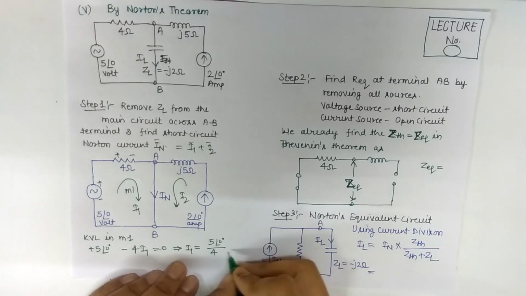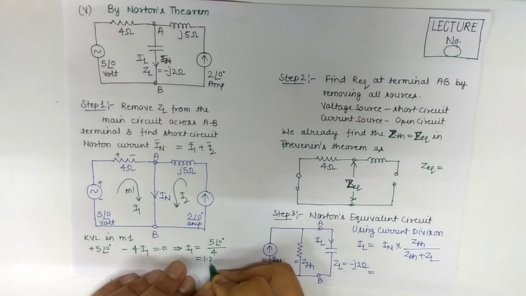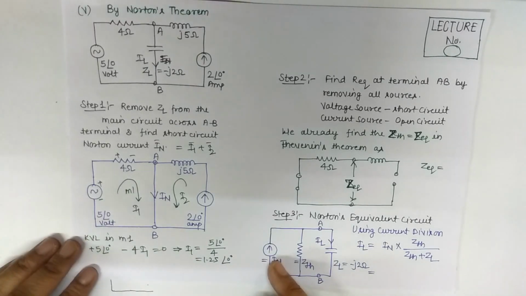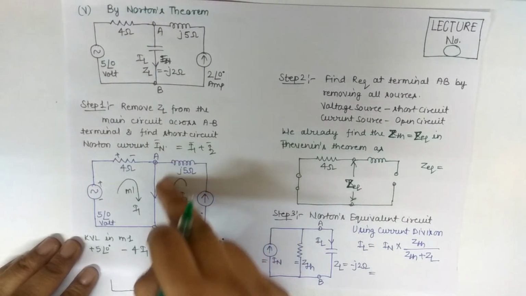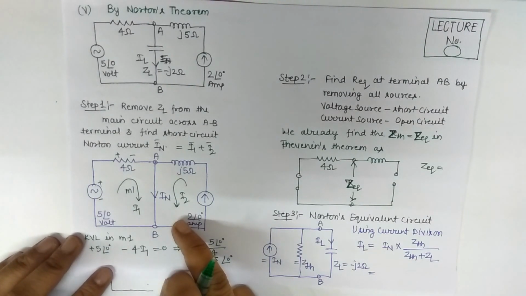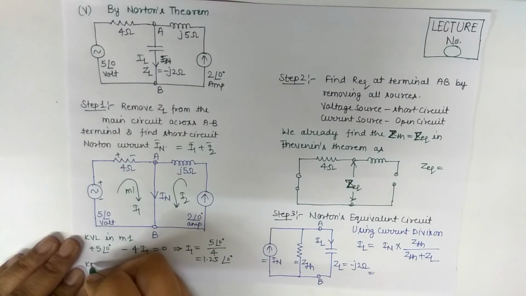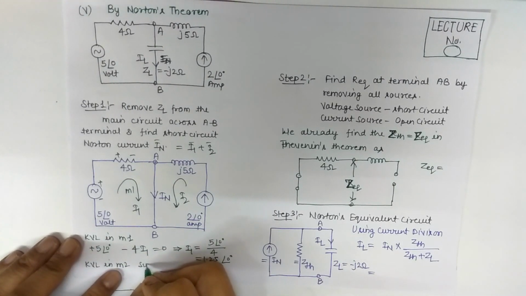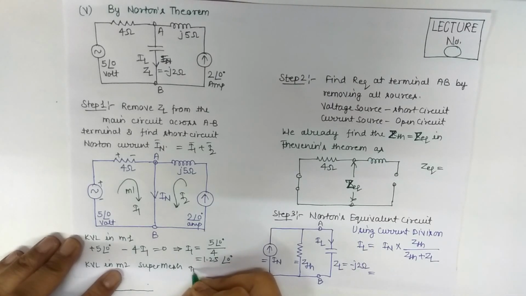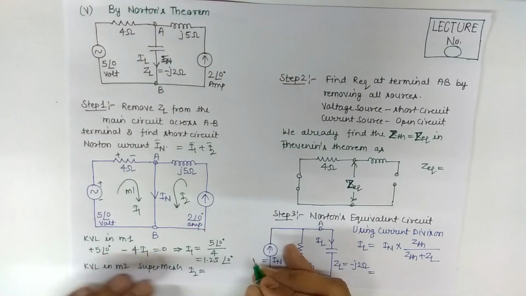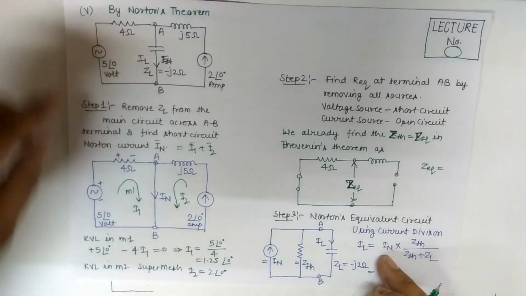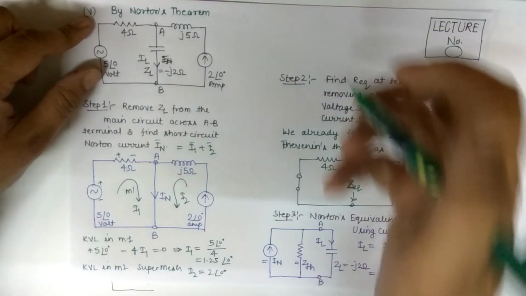It comes 1.25 angle 0 degree. And from mesh number 2, we apply super mesh KVL in M2. By using super mesh, we know already directly the value of I2, that would be 2 angle 0 degree.